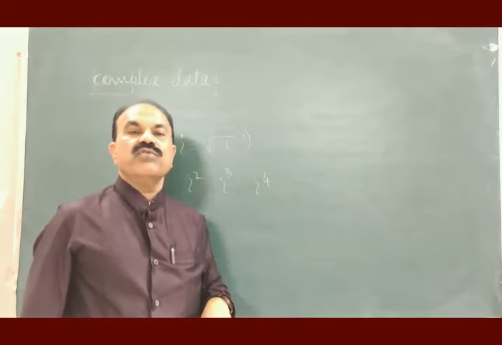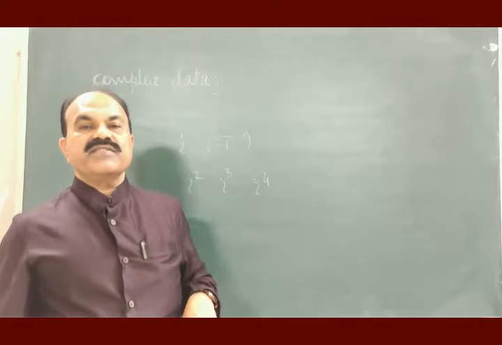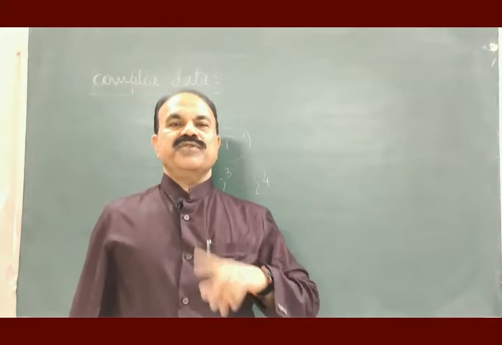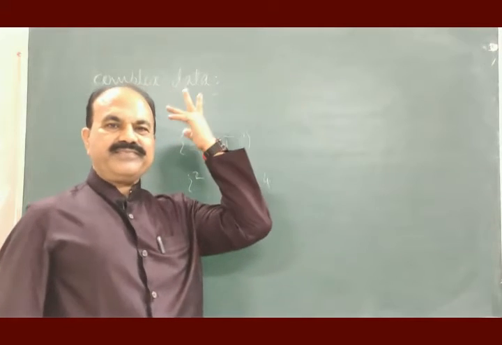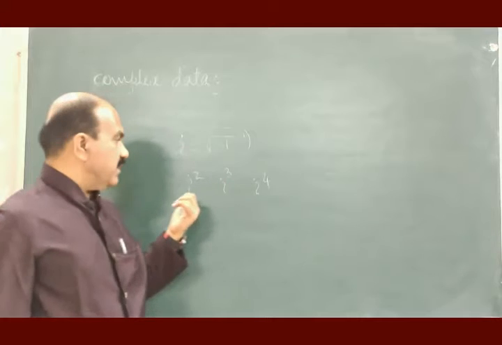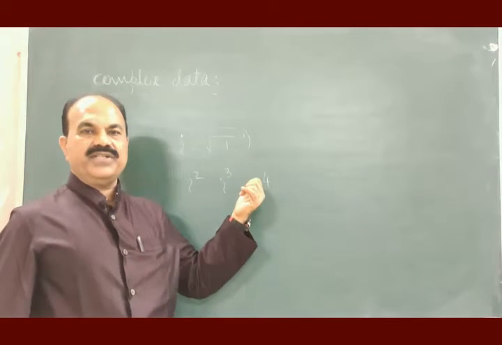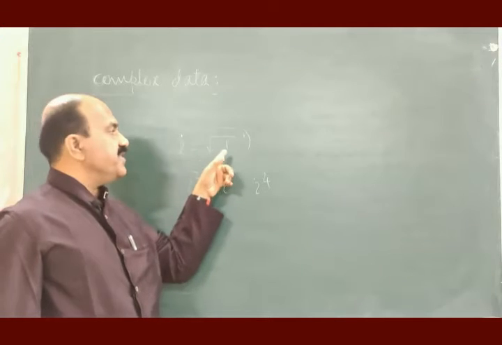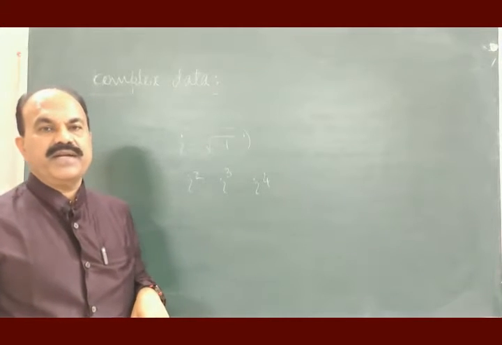I to the power 4 is I square into I square, -1 into -1, that is +1, and so on. It can be continued. All such terms can be evaluated using I is equal to square root of -1.